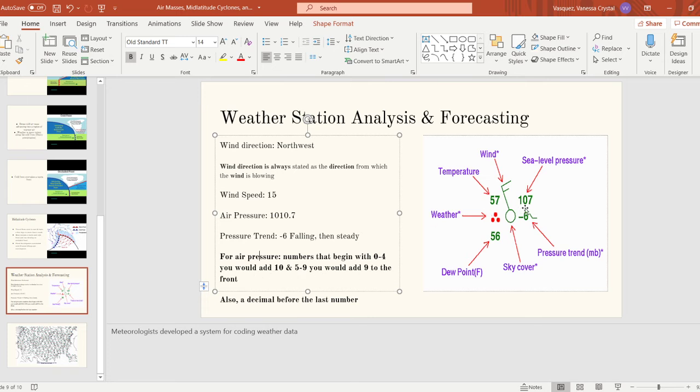In this case, our number begins with a 1, so this is going to have a 10 in the front, 10, 10, 7, but also a decimal before the last number, so that's why it's 1010.7. And then the pressure trend is -6, and this symbology means falling then steady. I want you to refer to the lab manual to look at the other diagrams that break down each coding system so you can understand what it means.